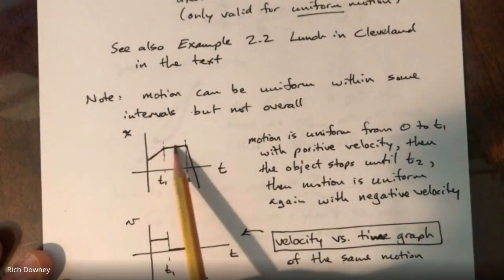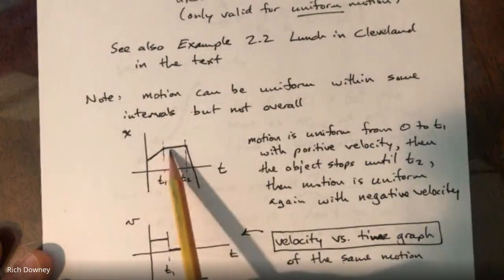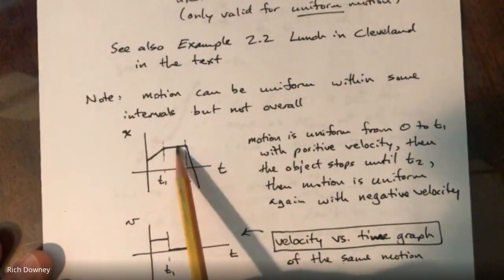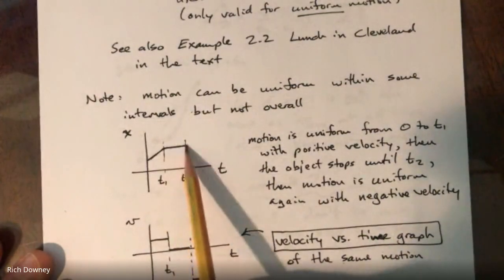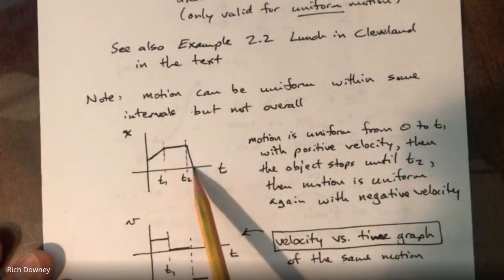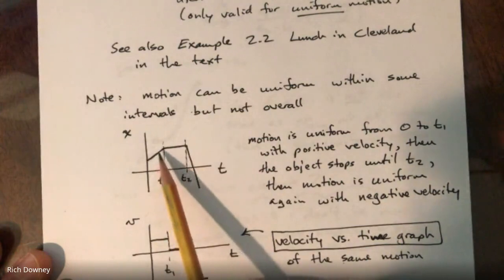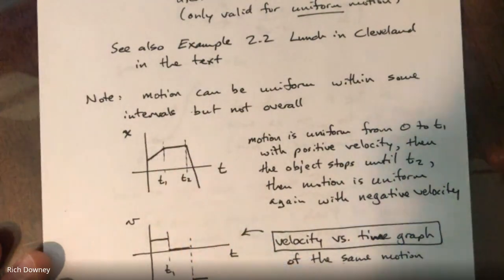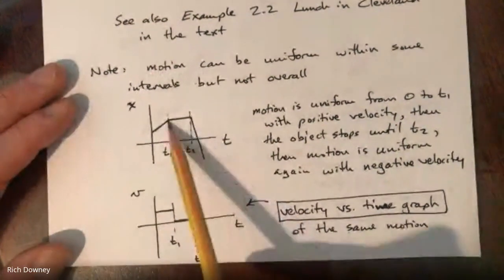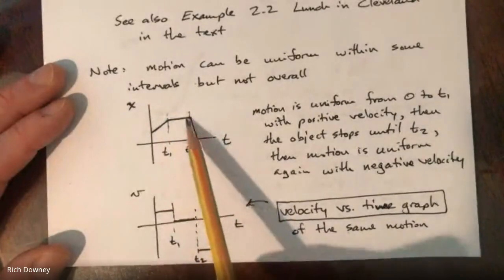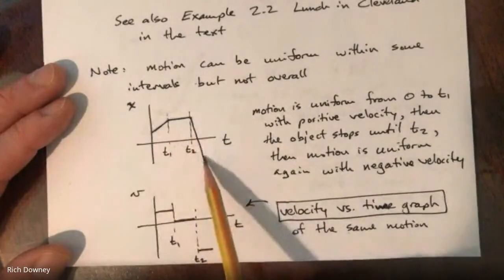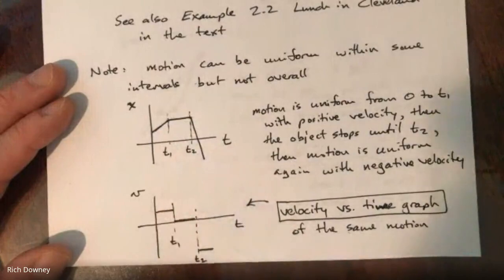But then this object actually stops, right? As time goes from t1 to t2, its position doesn't change. So it stopped. And then it starts moving in the negative direction more rapidly than it went in the positive direction at the beginning. In each of these intervals, the motion is uniform, but it's not uniform overall.